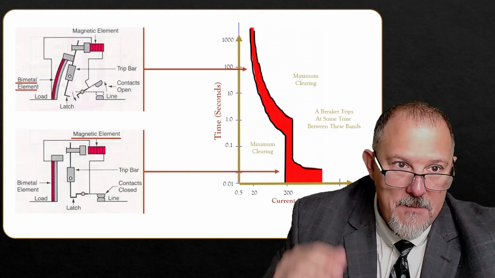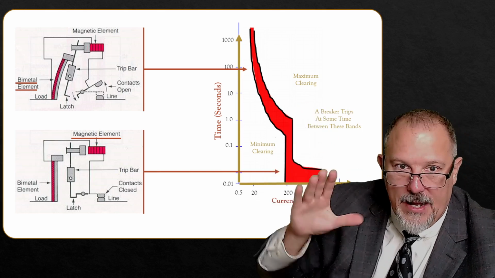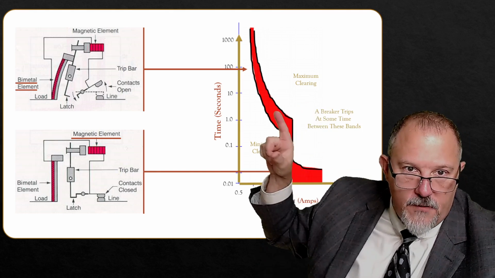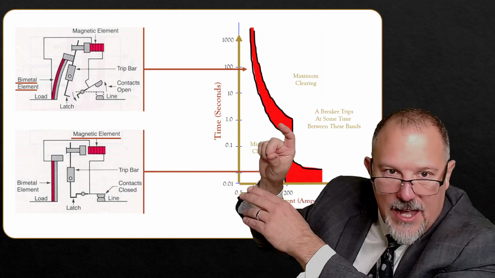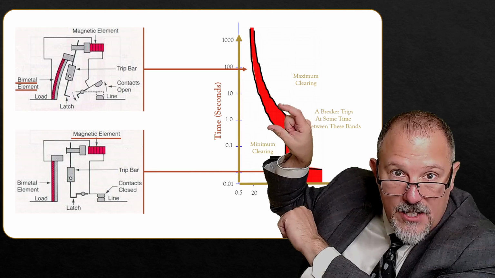So the bending of that bimetal is what generates this portion of the curve. And you see how fat this band is right here?